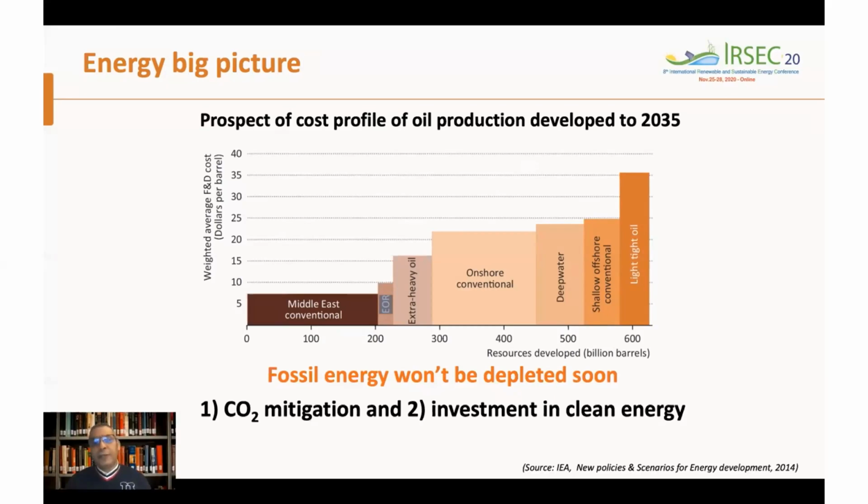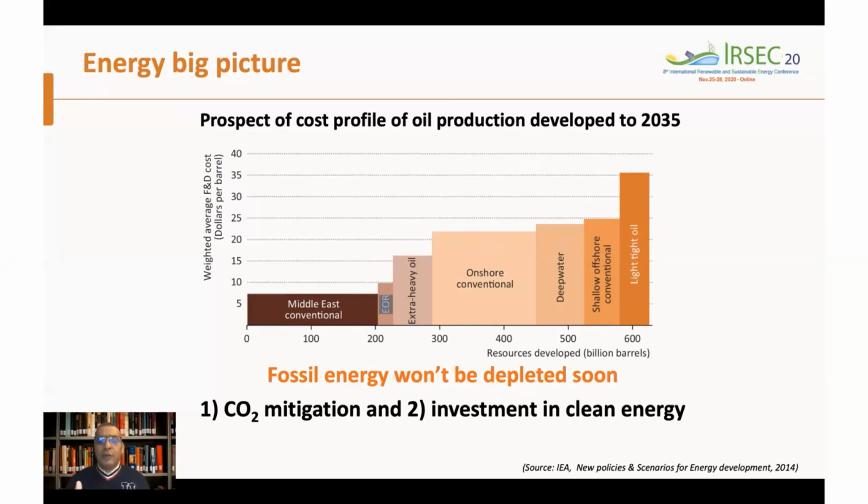So here I share with you the prospect of a cost profile of oil production, for example, for 2035. And you can see how much profit they are making by just changing the way they do reservoir exploitation. For example, they are using what we call EOR, enhanced oil recovery.